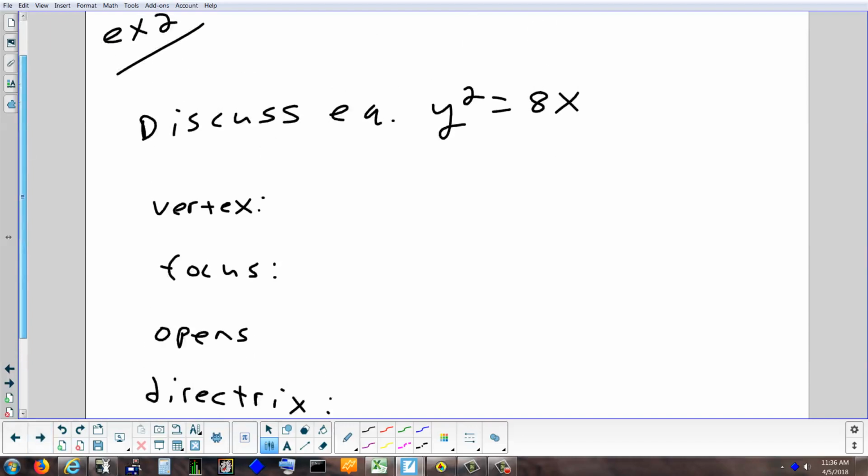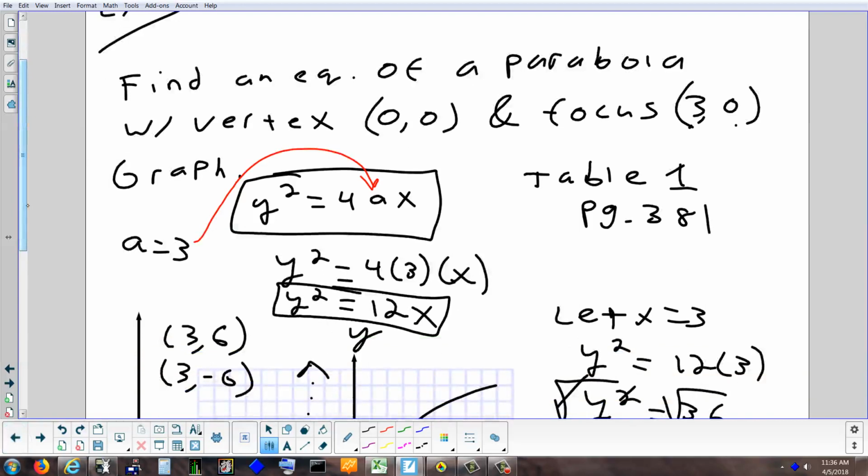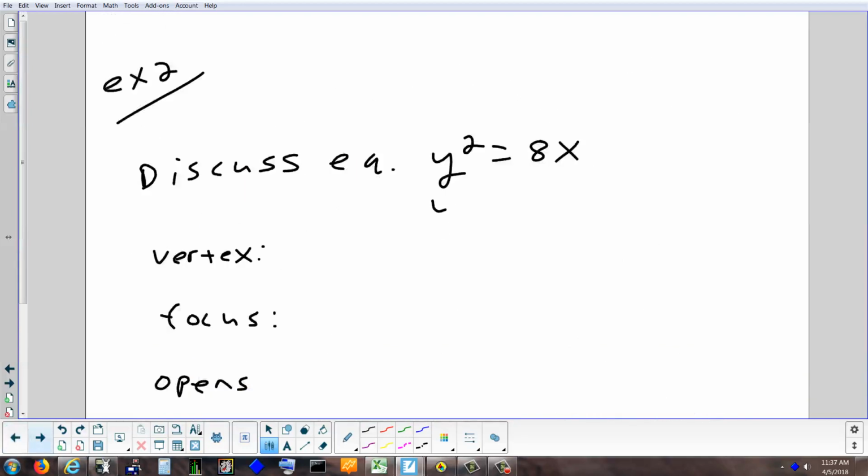First thing is, this is not written the way we normally would write it. This is a final answer. Y squared equals 8x. We have to think of it like this. Y squared equals 4ax. So how could I write it like that? 4 times 2.